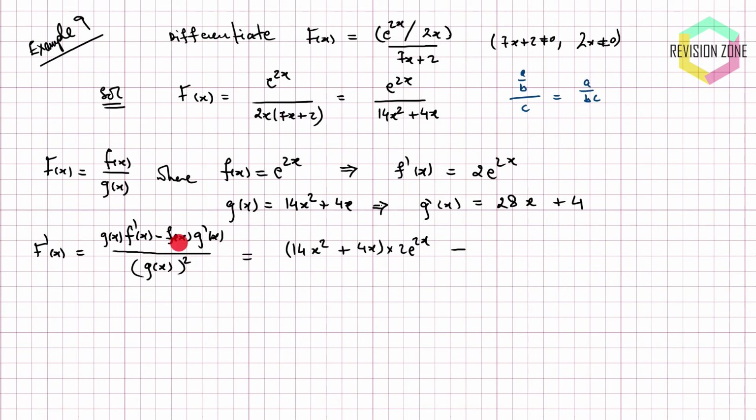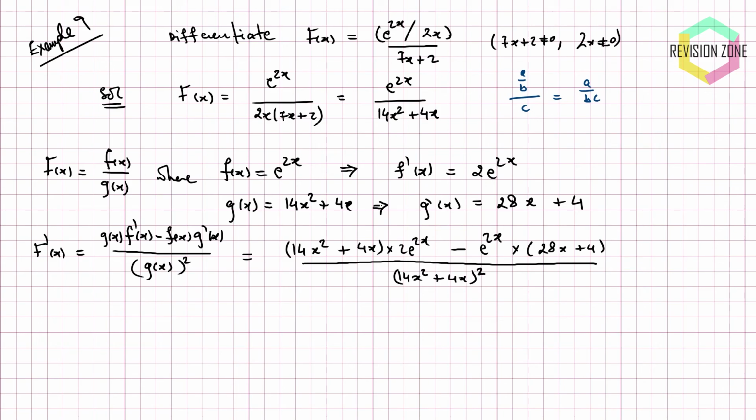And then I've got to write down my f, which is e to the 2x, and then finally my g prime, which is 28x plus 4. So I write that down, 28x plus 4, and the whole thing is over my denominator g squared, which is 14x squared plus 4x, and then it's going to be squared.